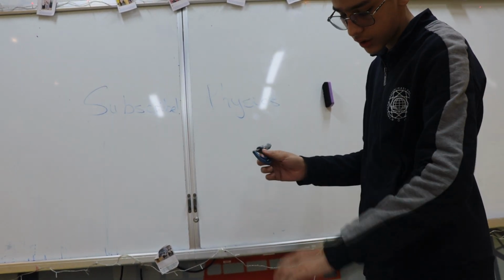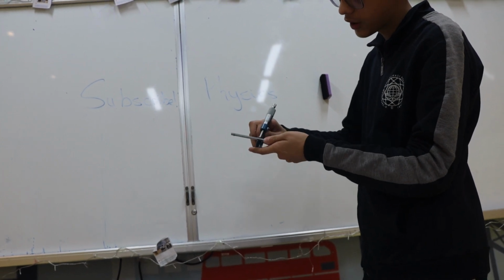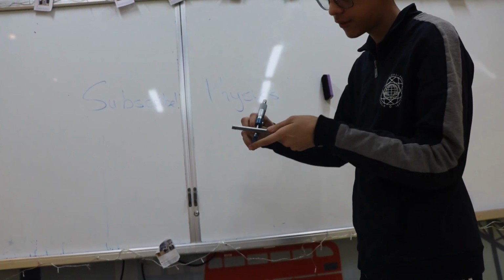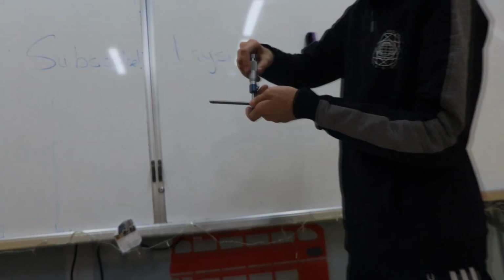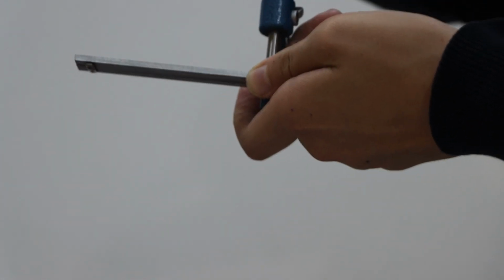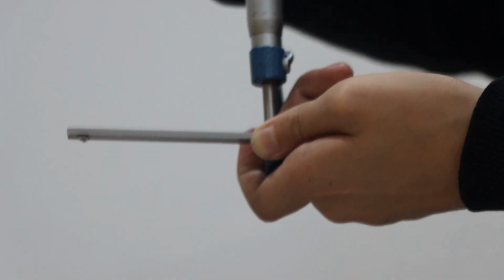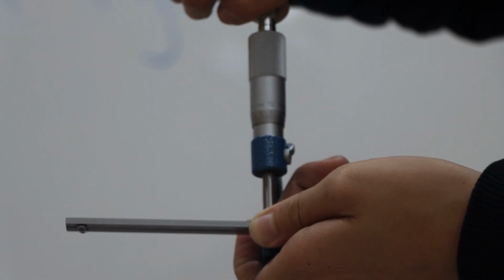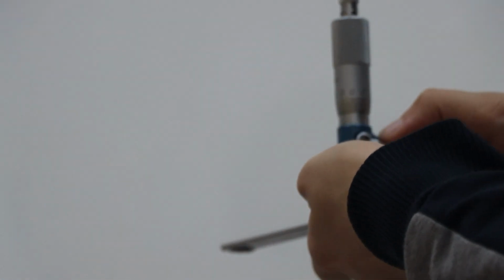Let's measure the width of this vernier caliper. We'll rotate it until there is a small distance. After there is a small distance, we will rotate it till it clicks. It clicked, and we should tighten it, and we can remove the object.